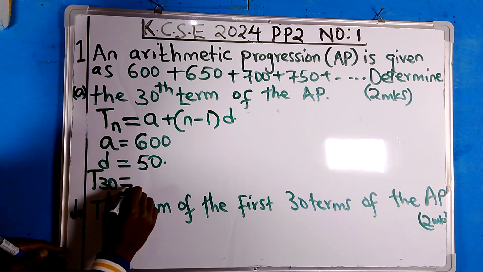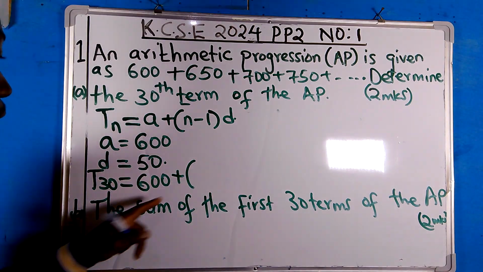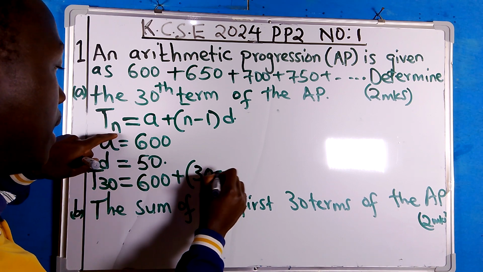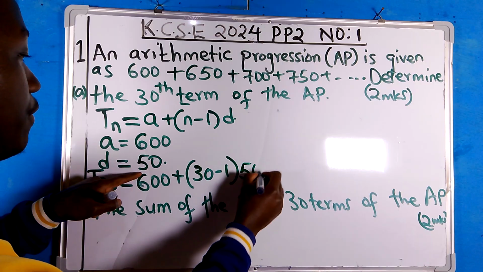So by having that, we can now proceed to find the nth term, and our T30 is going to be A, 600, plus (n minus 1) multiplied by D. Our n is 30, so 30 minus 1, multiplied by D, which is 50.